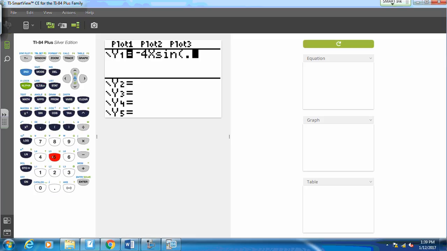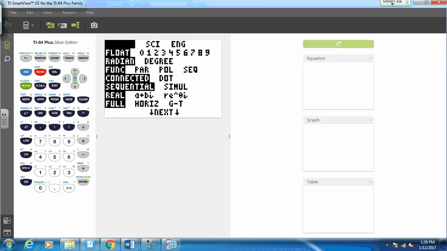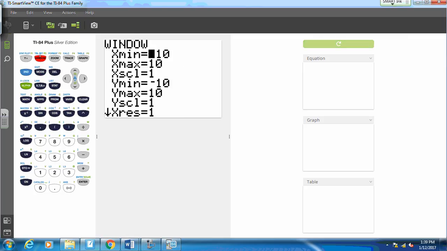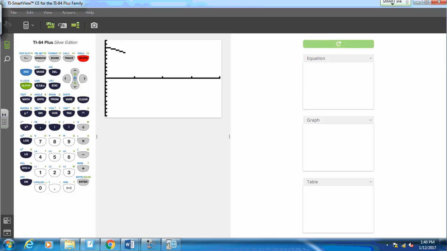Let's see here, it's negative 4x sine 0.5x plus 8 cosine 0.5x. Mode is radians, window size 0 to pi, let's make that 4.